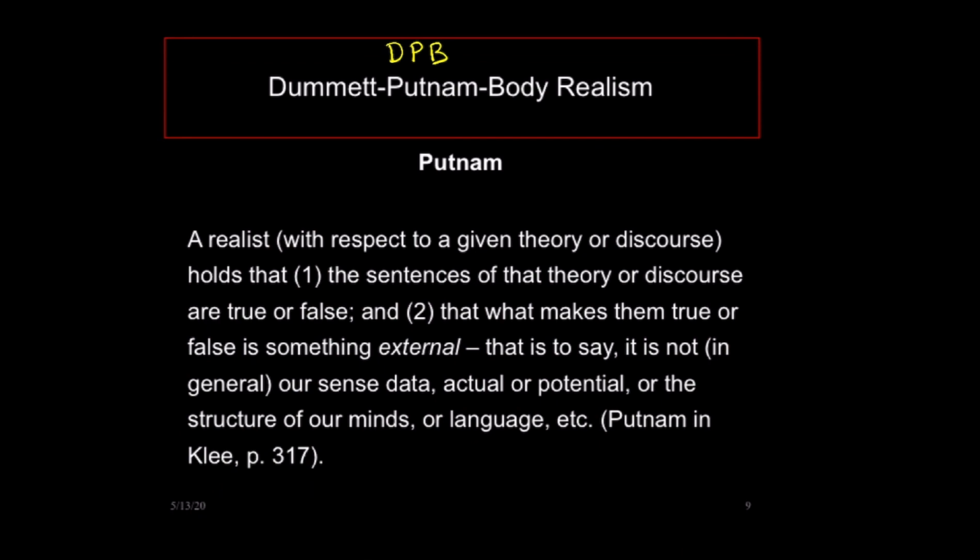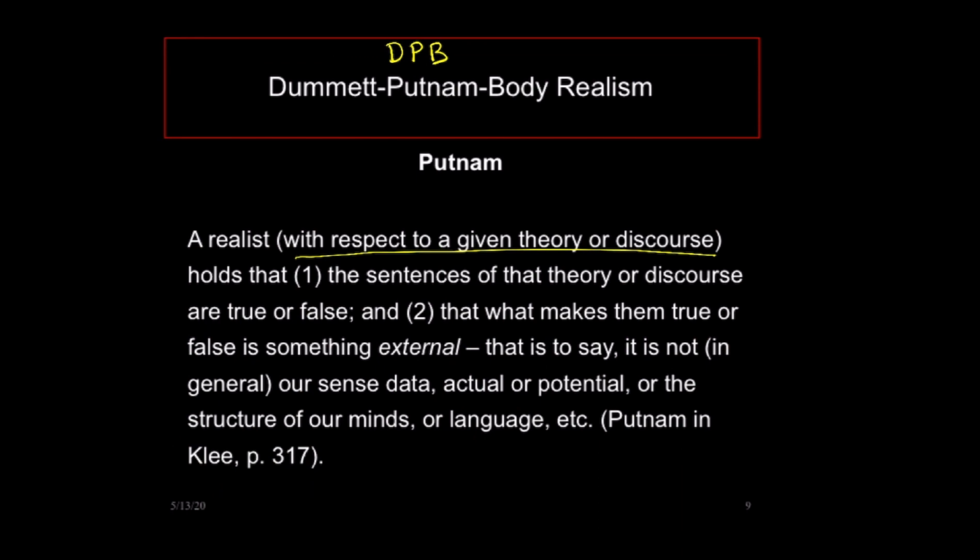What Dummett said is that a realist, and notice the qualifier here, with respect to a given theory or discourse. So we're already being more nuanced, right? We're not just talking about realism in general. We're talking about whether you're being a realist with respect to a certain area in which you use a certain kind of language consistently, okay?